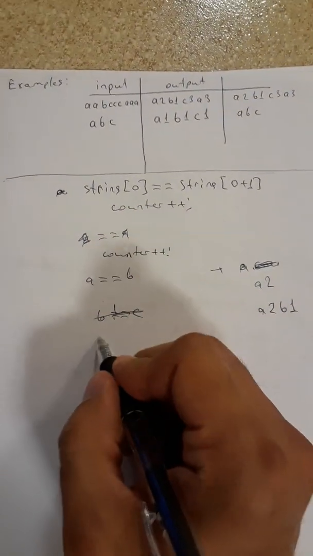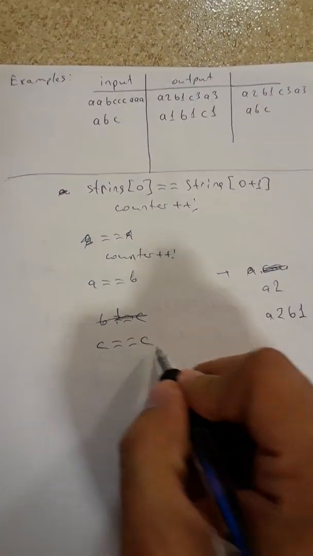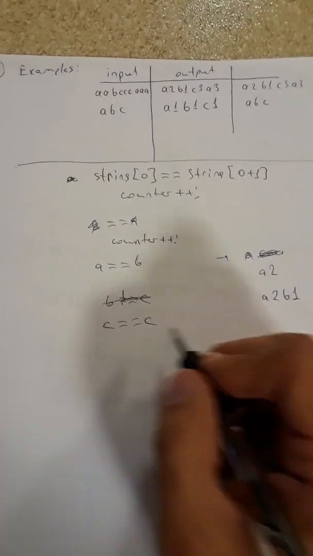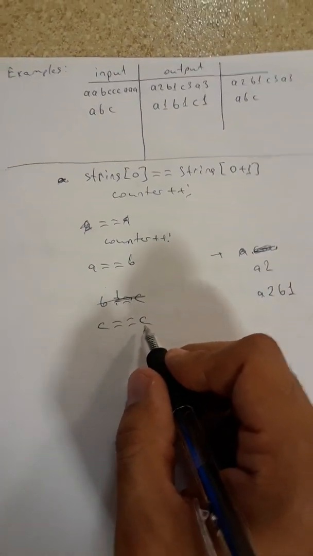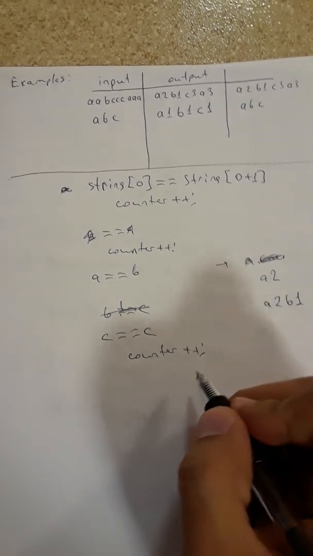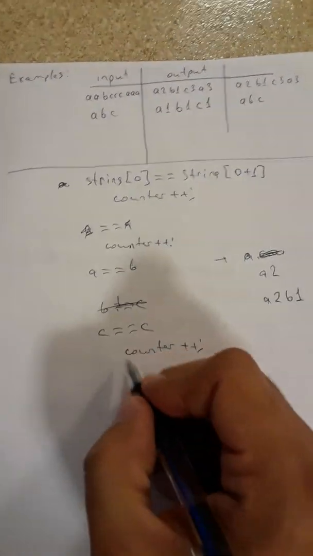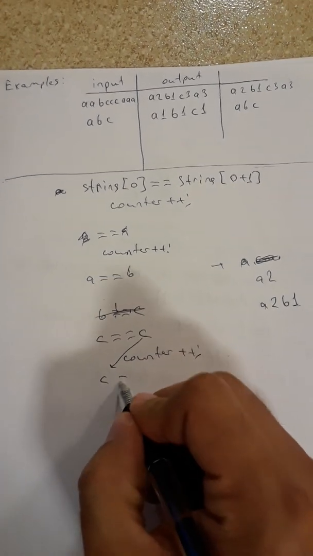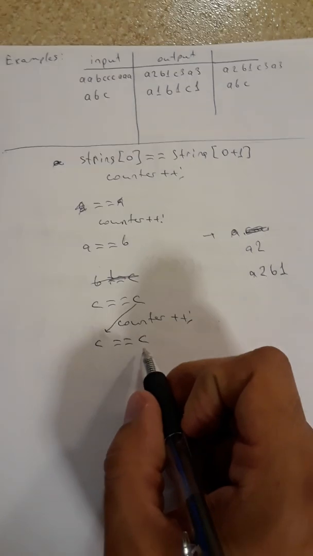Next we will compare our C with the next character, and once it is equal, we'll increment our counter. We'll take this C and compare it with the next C and see that they are equal.